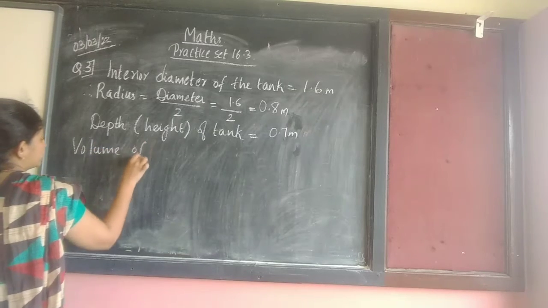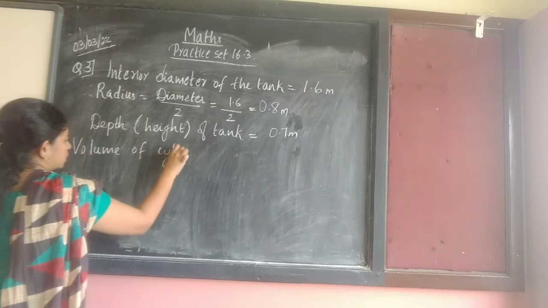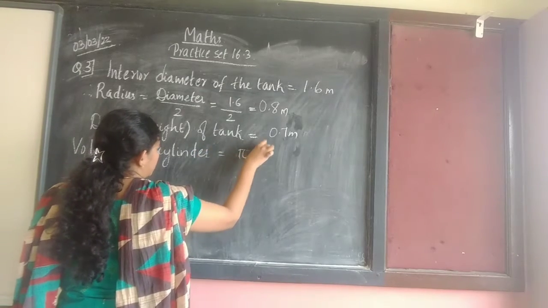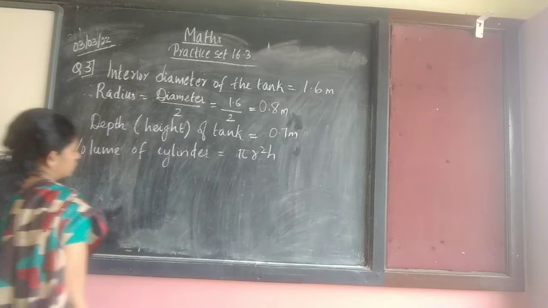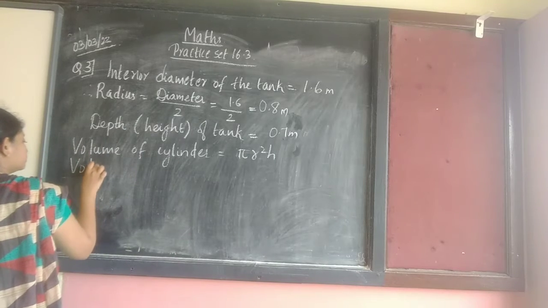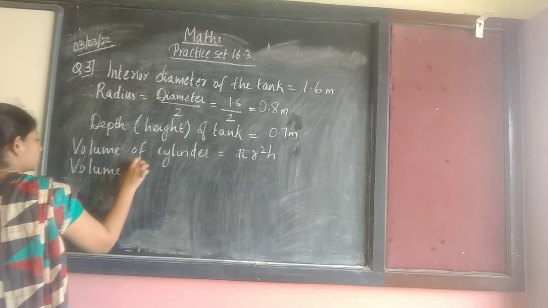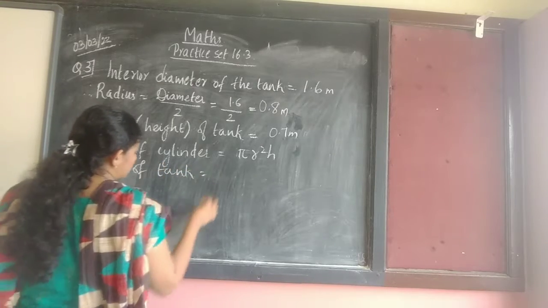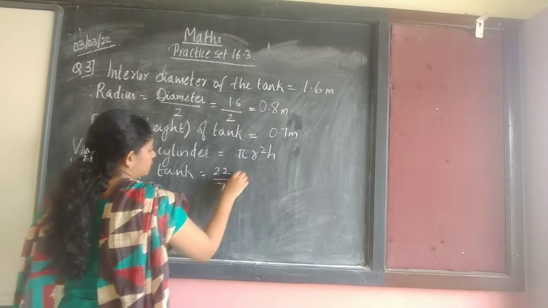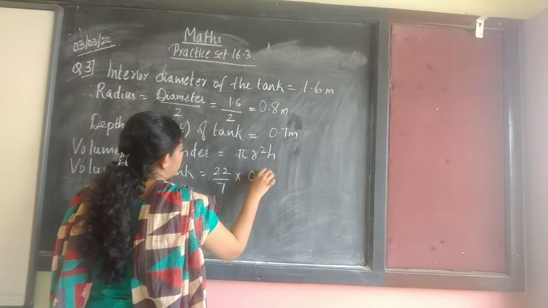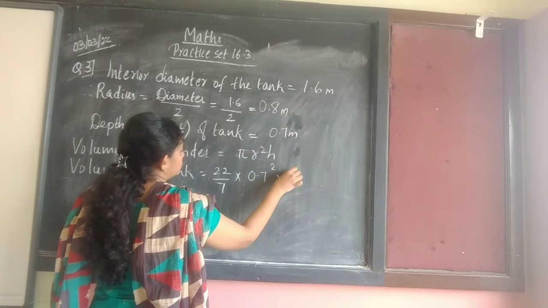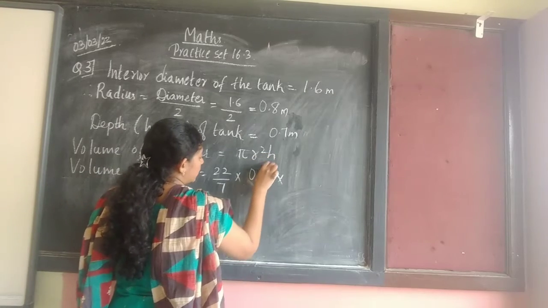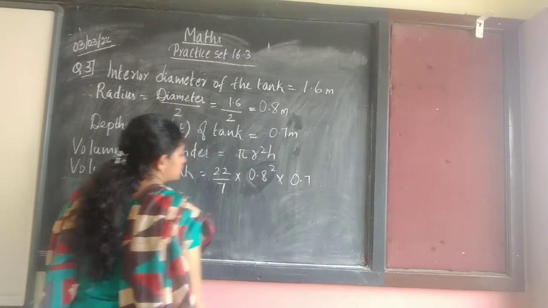Volume of cylinder is equal to pi r square h. Volume of tank is equal to 22 upon 7 into 0.8 square into 0.7, where 0.7 is the height.